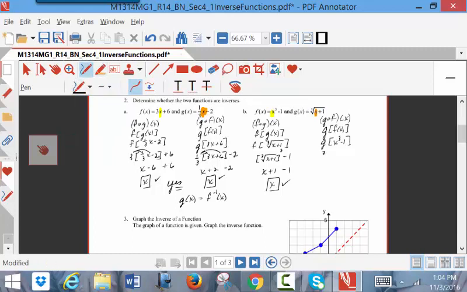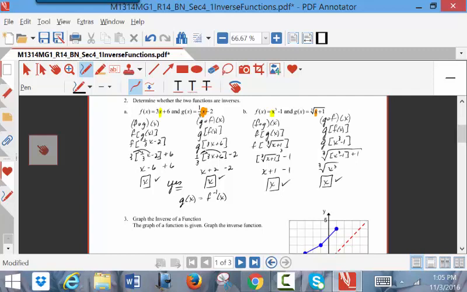So this is going to equal the cube root of all the stuff in the square brackets, x cubed minus 1 plus 1. So underneath this radical now, I have x cubed minus 1 plus 1, which is just x cubed, which is just x. So it works.